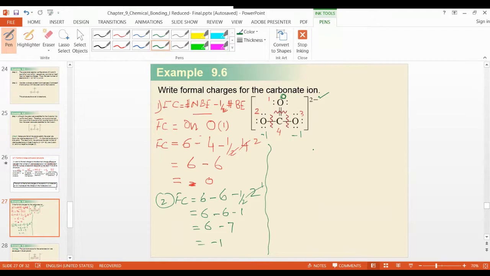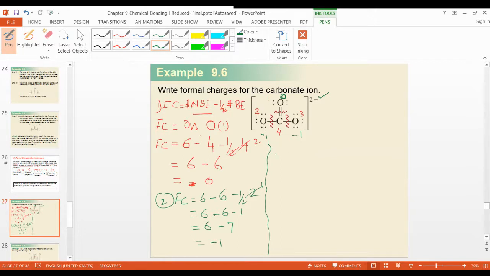Okay, now I have another method. This is using the formula, but I will not use the formula directly. I will calculate. Direct method, look here.